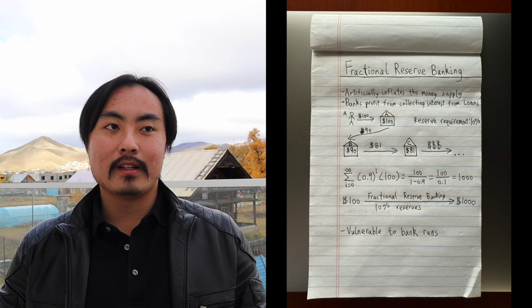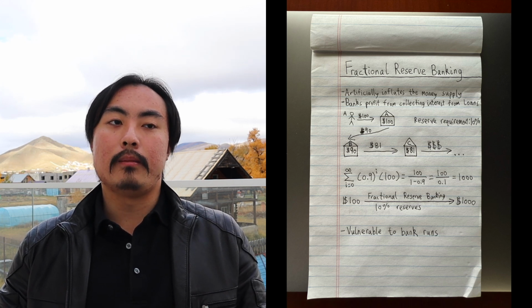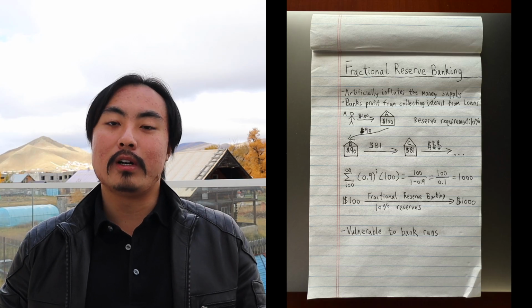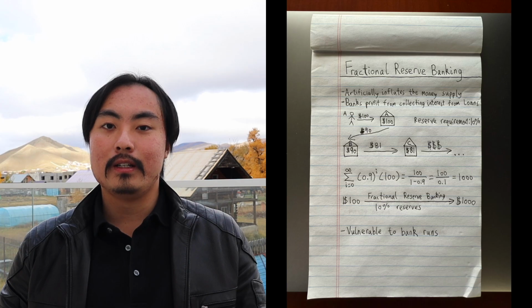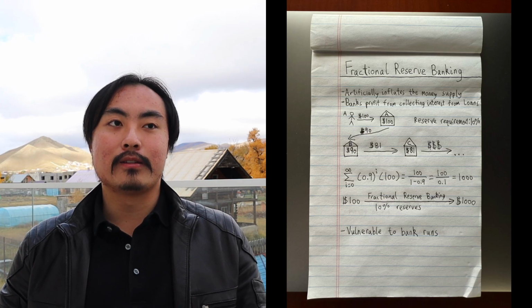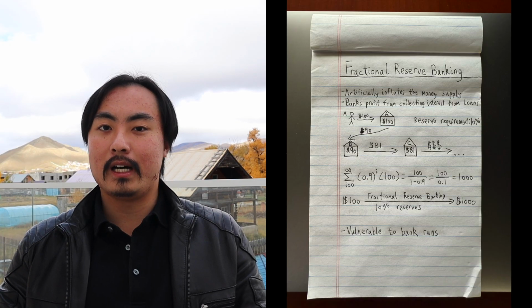And you can keep going with this thought experiment, and if you calculate it using mathematics, you'll find out that this $100 deposit will end up becoming $1,000 in the money supply. This $900 increase from just $100 deposited.